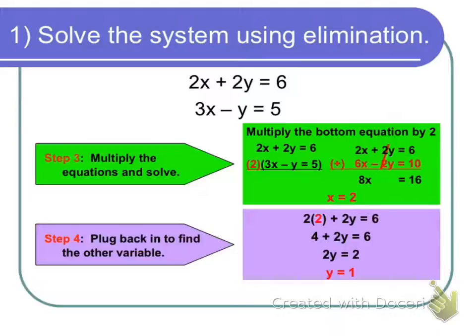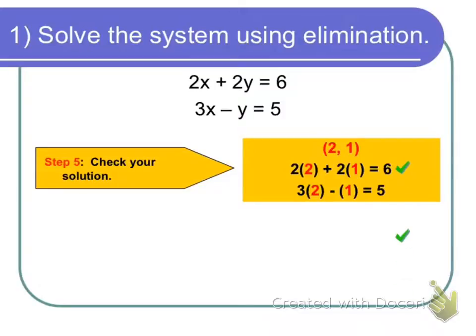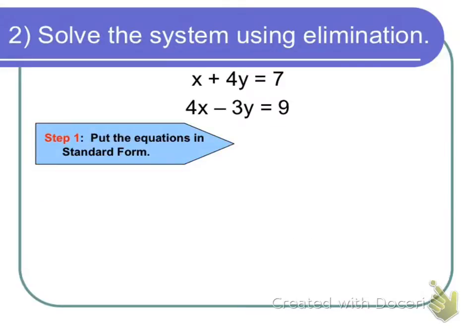Your ordered pair or solution for this system will be 2, 1. You could then substitute it back in to check. Checking your solution then would be to use substitution. So it does add one more step. You have to put it in the right shape.